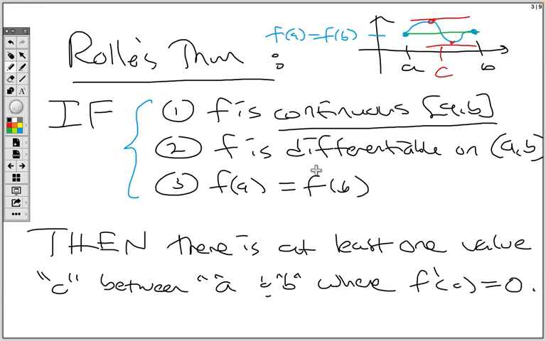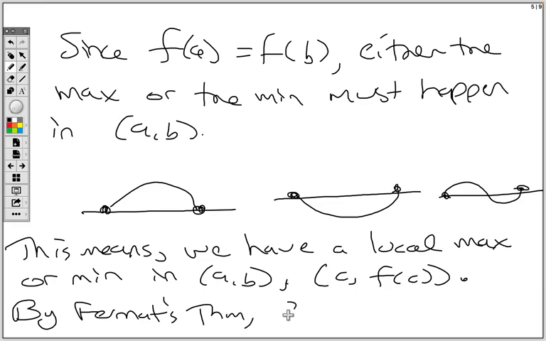We're assuming this function is differentiable everywhere inside the interval. So Fermat's theorem says f'(c) is equal to 0, and that's the point we were looking for. We have a local max or min, it's differentiable at that local max or min, so Fermat's theorem guarantees that the derivative is 0, and that's Rolle's theorem.